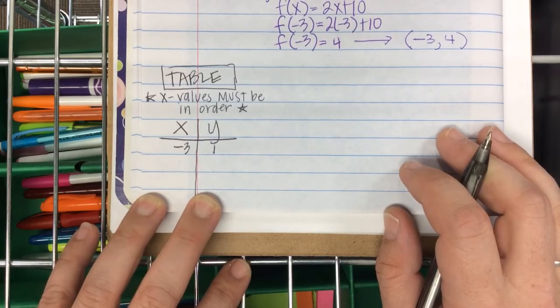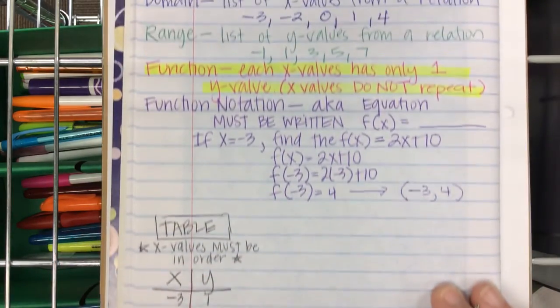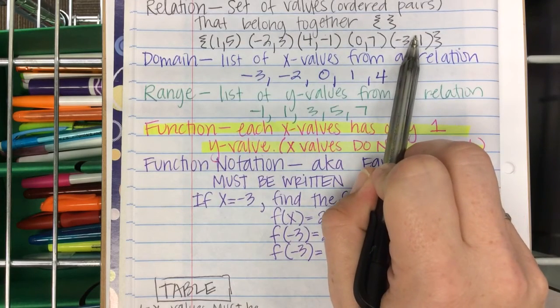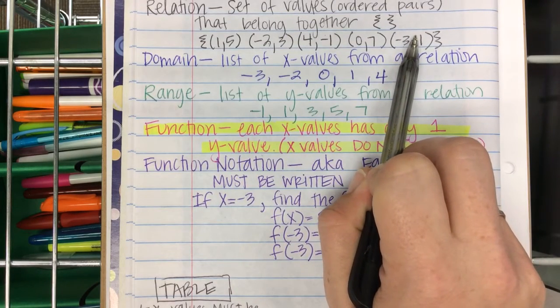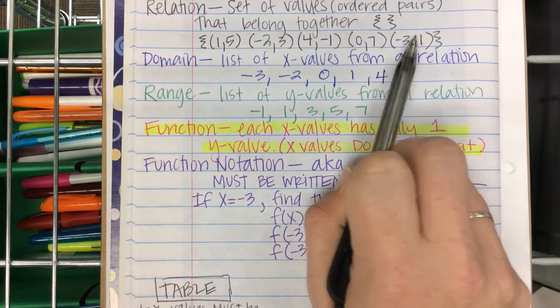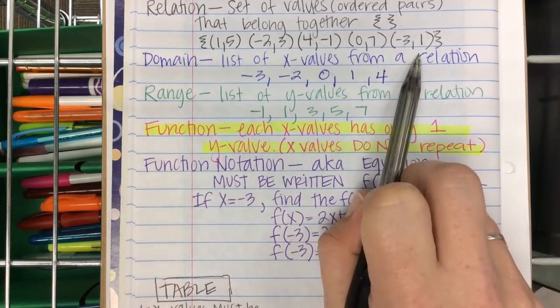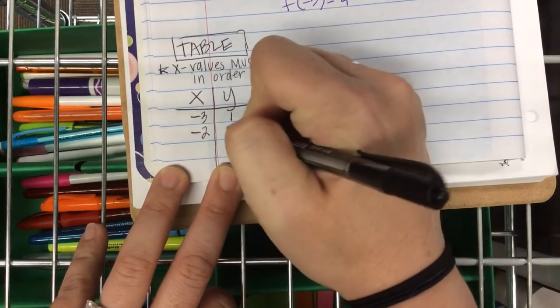What's my next x ordered pair? I already used this one, so what's my next ordered pair in my table from this relation? Gabby? -2, 3.